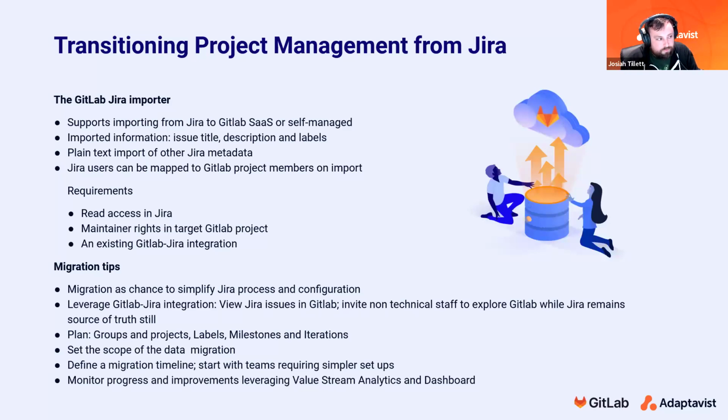It'll also do plain text import of your other metadata. So any other important variables that you have in Jira metadata will be pulled in as well to your issues. And then at the time of the import, you'll be able to map your Jira users to GitLab project members. If you have system users, those can just be mapped to root.